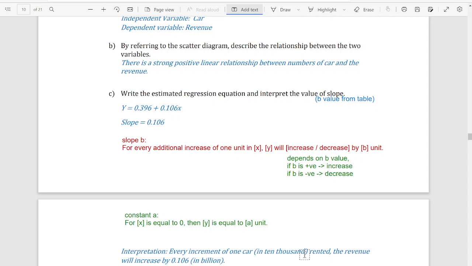Tetapi kalau dalam data tidak ada nilai kosong, dia tidak bermakna. Okay. So ada juga dalam keadaan di mana nilai A ni bermakna, contohnya in manufacturing process.